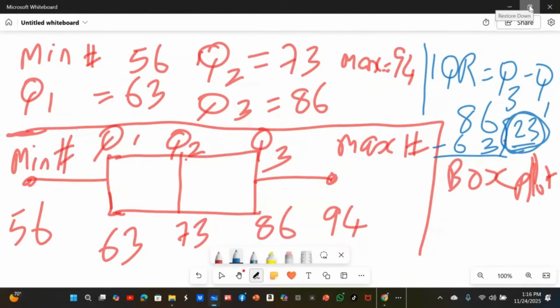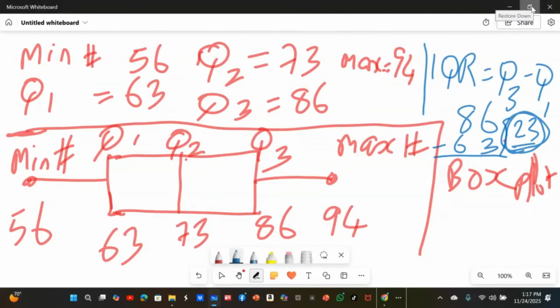So he collected the exam scripts and did this descriptive statistics and the 5-number summary. He told us to draw a box plot and represent his 5-number summary in a box plot, and we just did. We also found the interquartile range.